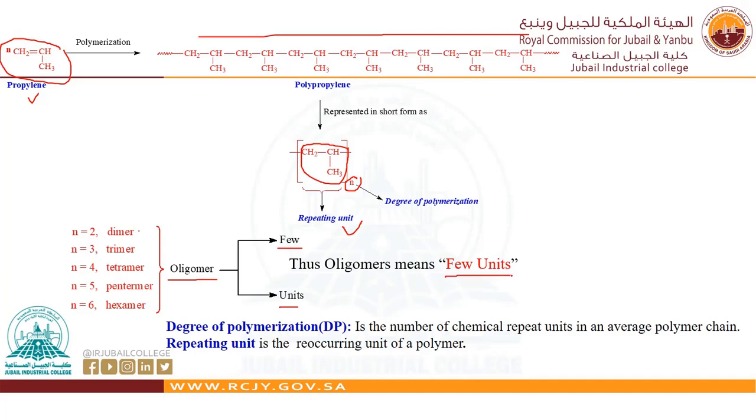By definition, oligomers contain few units of monomers that are connected together but not long enough to be called a polymer. In some places, for you to have a polymer, n must be greater than or equal to 100, and in some places it is described as any molecule that has molecular weight more than 10,000 grams per mole.